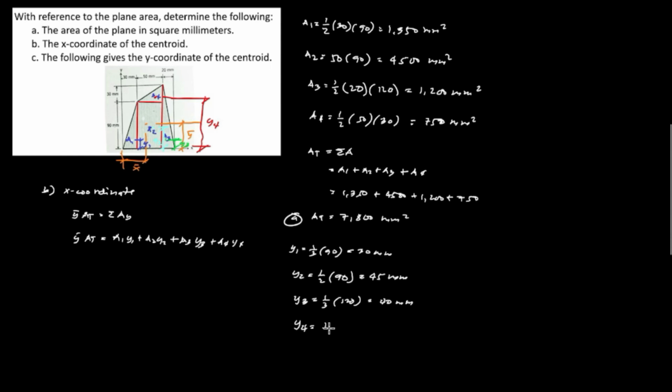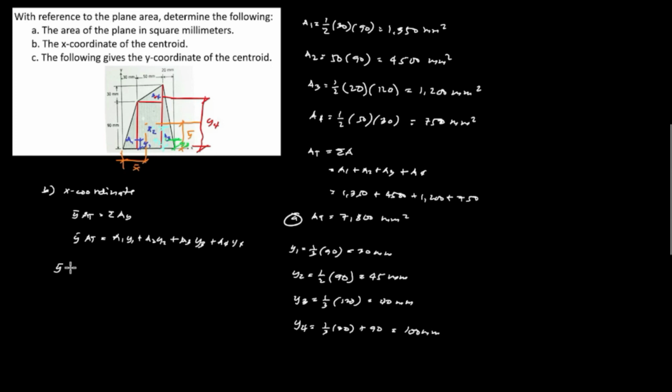So 1/3 of the height of the triangle, which is 30, so 30 times 1/3 plus 90 millimeter, is equivalent to 10 plus 90 or 100 millimeter. So we have now the values for y sub 1 is 30, y sub 2 is 45, y sub 3 is 40, and y sub 4 is 100 millimeter.